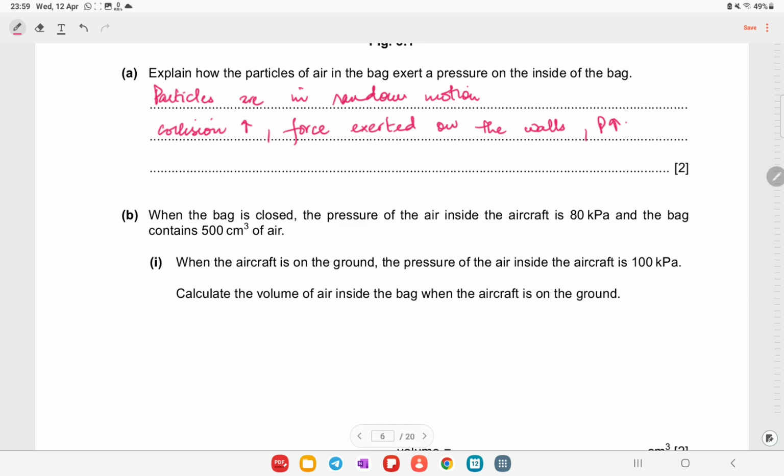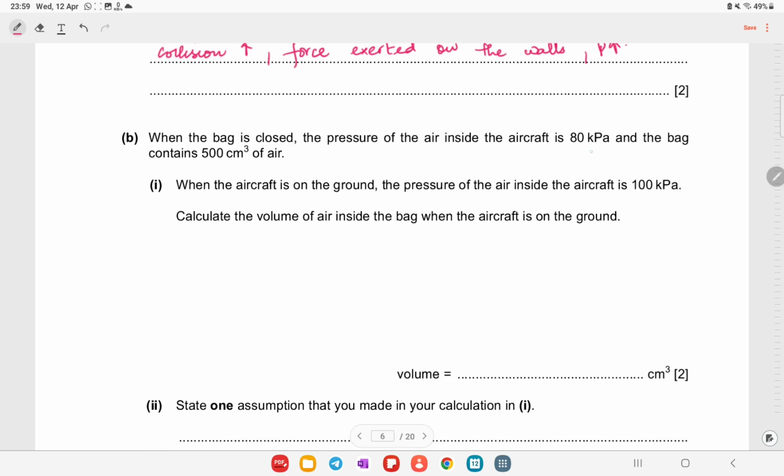When the bag is closed, the pressure of the air inside the aircraft is 80 kilopascal, and the bag contains 500 centimeter cube of air. When the aircraft is on the ground, the pressure of air is 100 kilopascal. Calculate the volume of air inside the bag when the aircraft is on the ground. So simple, we are going to use Boyle's law over here and plug in the values.